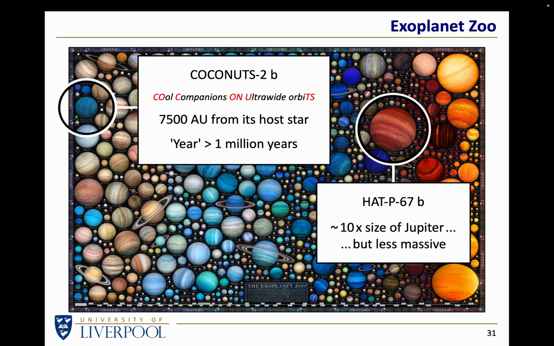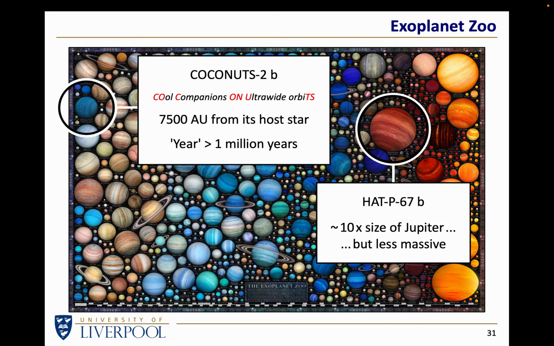This particular planet would take something like 1 million years to go round its host star. And there are others. This COCONUTS program is finding lots of solar systems where the planets are huge distances from their host star, as well as these hot things that we've seen on the right-hand side where the planets are very close to their host star. So it looks like solar systems come in all sorts of sizes, from those very close to those very distant from the host.